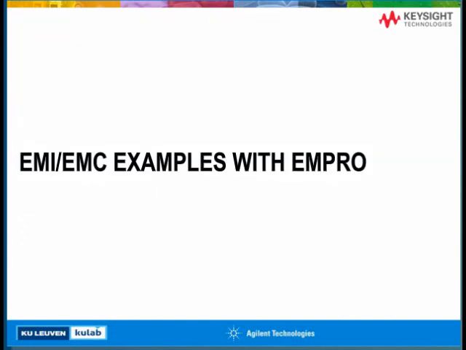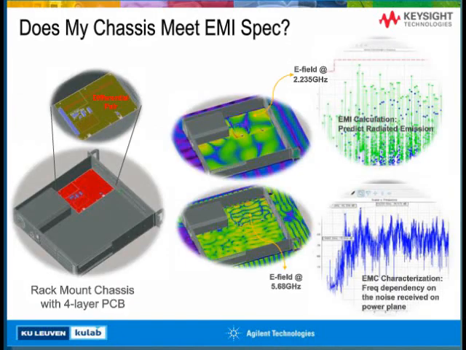Now let's take a look at some examples in EMPro. Let me start with the first example, which is a typical chassis. This chassis example is a very typical type of EMI EMC problem that contains the PCB structures inside the chassis.